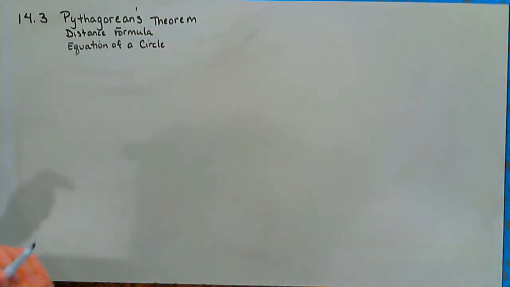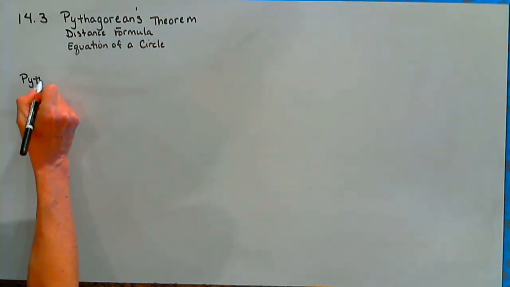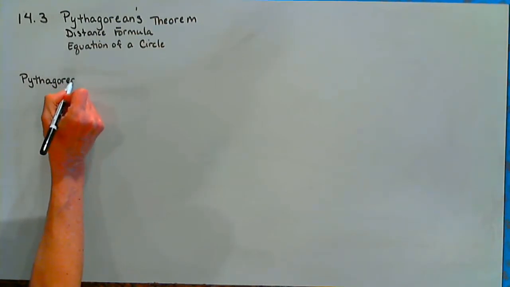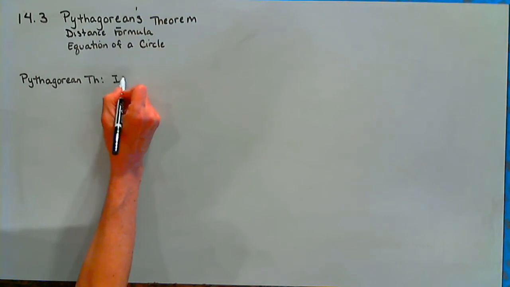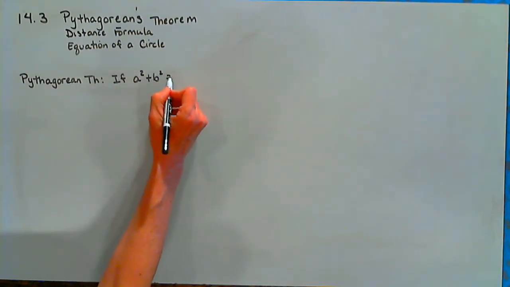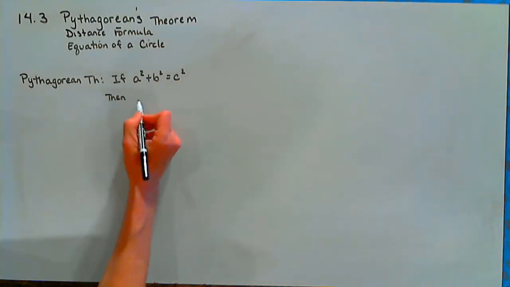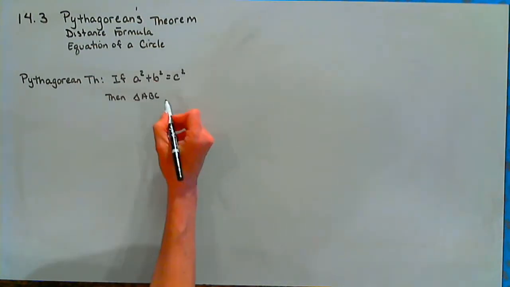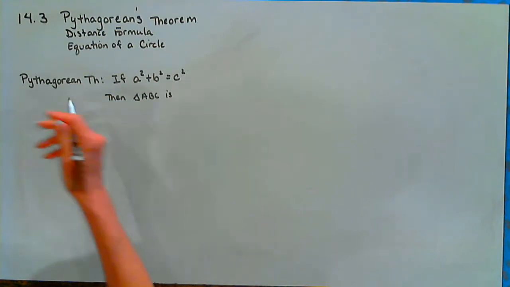All right, so I know I just wrote this down, but I just want to do this to refresh your memory on converse. Pythagorean theorem says if a squared plus b squared equals the longest side squared, then triangle ABC, I just did it the other way around.